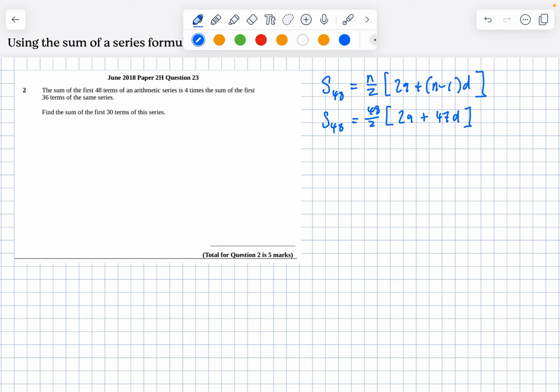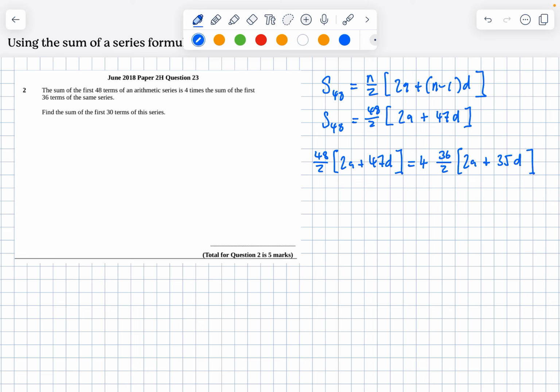Now they tell us that is 4 times the sum of the first 36 terms. So that means that 48 over 2 times (2a plus 47d) is equal to 4 times 36 over 2 times (2a plus 35d).